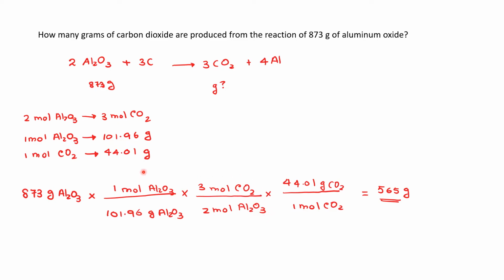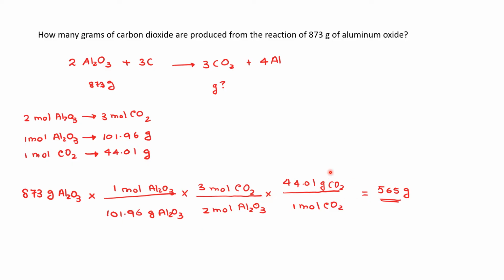Next, we are going to find the number of moles of carbon dioxide produced. For that, we are going to use the stoichiometric relationship. 2 moles of aluminum oxide produce 3 moles of carbon dioxide. You can see these units cancel out each other and we are going to end up with moles of carbon dioxide for this part. Now we have moles of carbon dioxide.